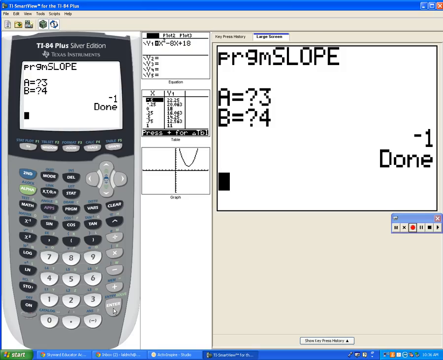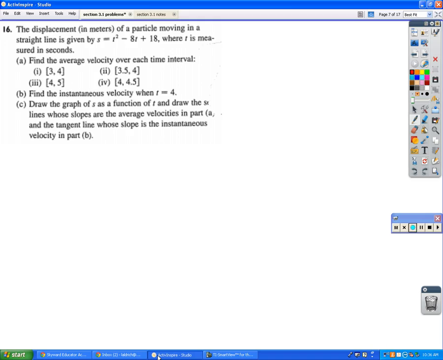No. You got what? 15. Rise over run: y2 minus y1 over x2 minus x1. If you wanted to do it the math way, you would say x1 is 3 and x2 is 4.